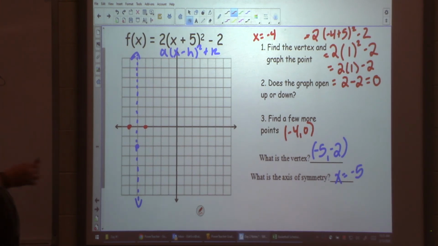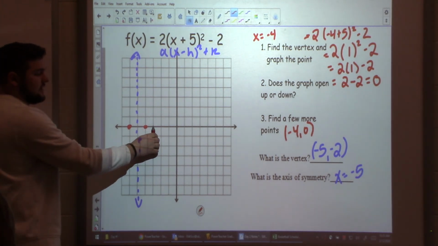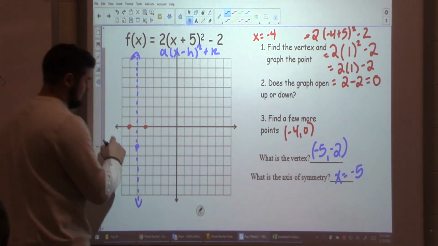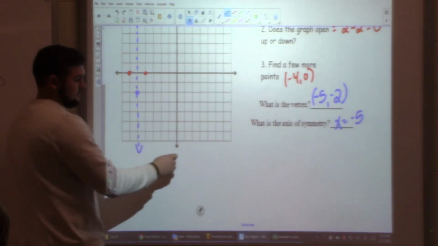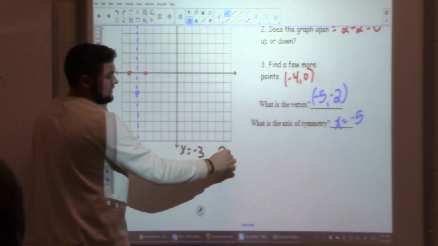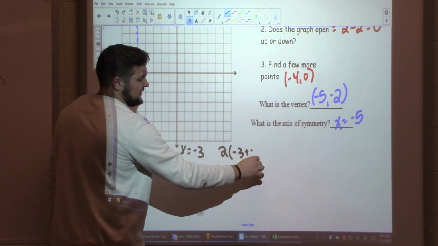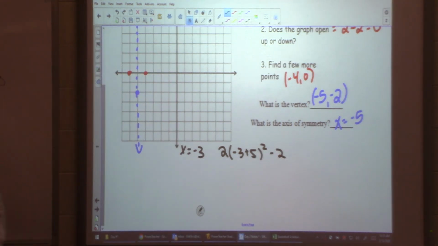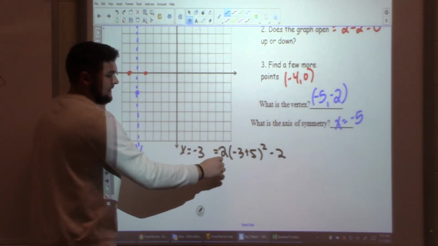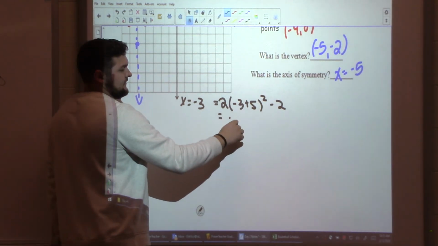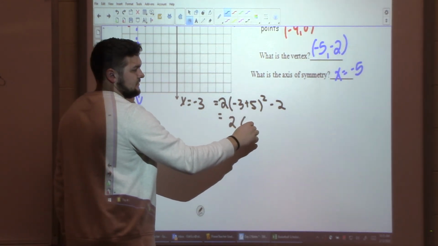Okay, now it's at negative 4, so I'm going to go one more to the right. x is negative 3. Plug that in. 2 times negative 3 plus 5 squared minus 2. Plug it into your equation, find your y. Negative 3 plus 5 gives me negative 2, or excuse me, positive 2.